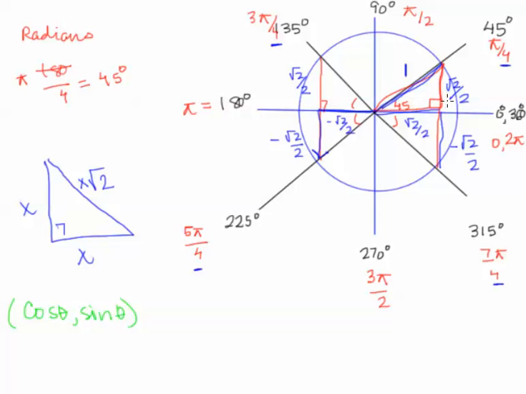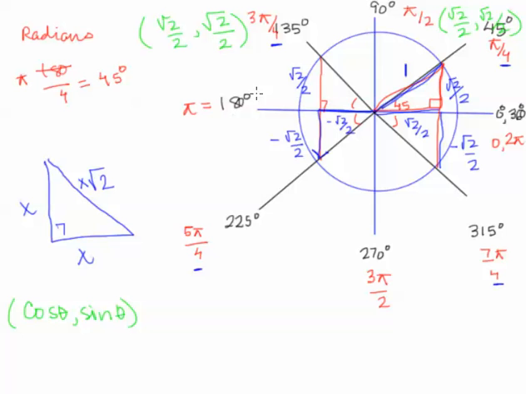Cosine would be adjacent over hypotenuse, sine would be opposite over hypotenuse. So at pi over 4, the ordered pair is root 2 over 2, root 2 over 2. And honestly, they're all going to be that.